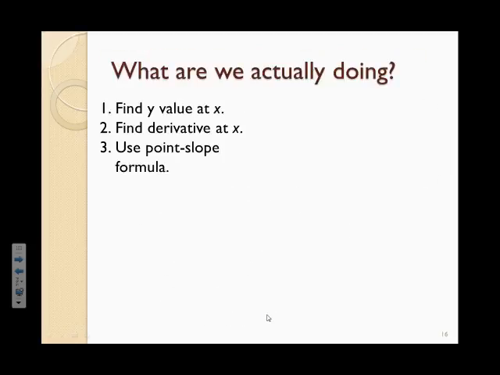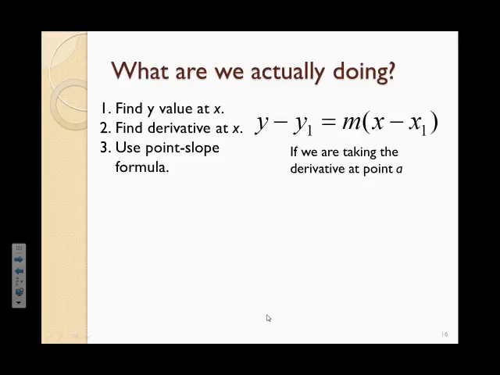Now, when we're doing this, what is actually happening here? These three steps. Well, if we find the value at x, and we're going to end up using the point slope form, right? So the value of x, we already know. So if we're going to take the derivative at some point, and let's just call it a, well, x sub 1 will become a, right? And y sub 1, well, that's going to be the value that we get when we put a into the function.